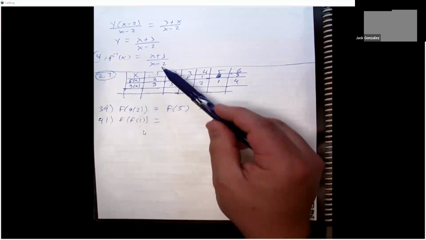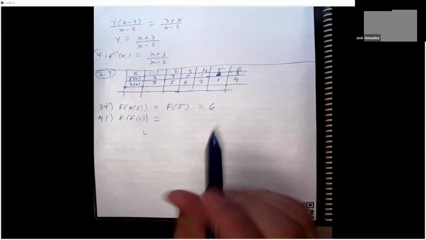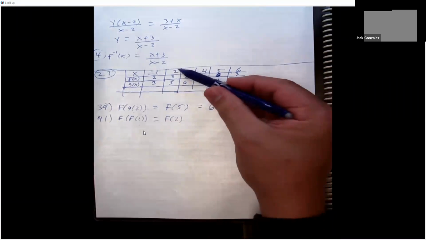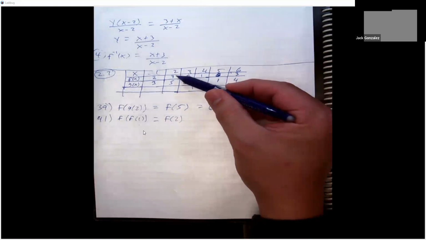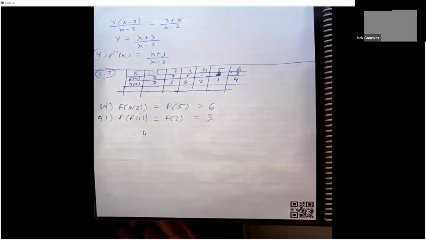So go to F and see what's happening at 1. We get a 2, right? So this becomes a 2. Now we have F of 2. Go to 2. What's happening at F at 2? We get a 3. Does that make sense?